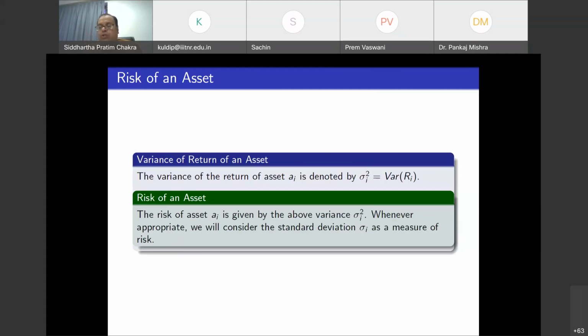Now, this was the natural choice of risk that was put forth by Markowitz, but subsequently there have been many different definitions of measures of risk, things like semi-deviations, value at risk, conditional value at risk, and so on. Before somebody jumps up and says why only this choice, this is not the only choice, but it was a natural choice made when the foundations of modern portfolio theory were laid.